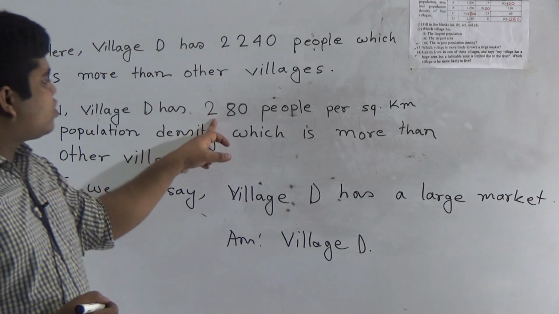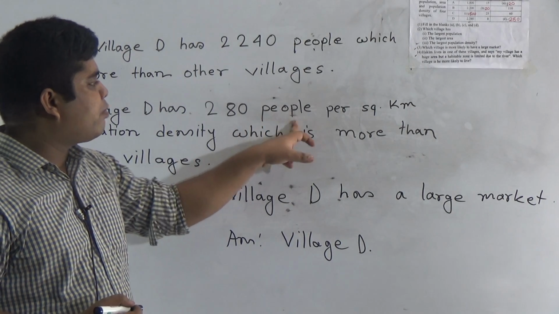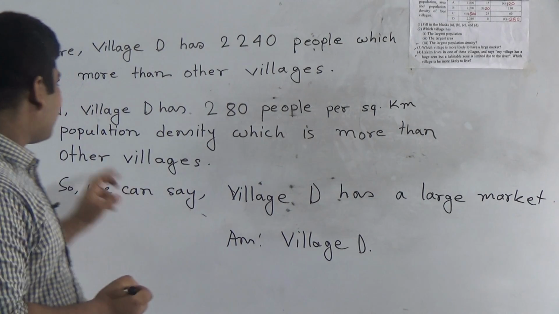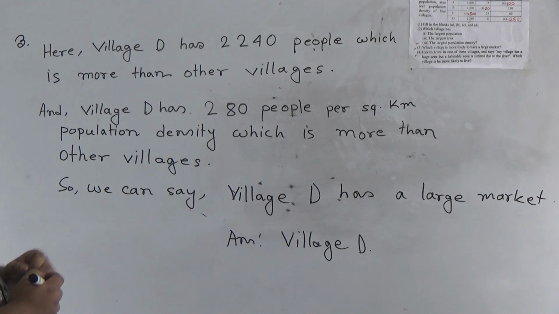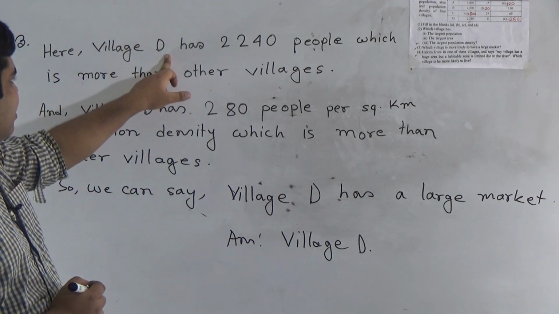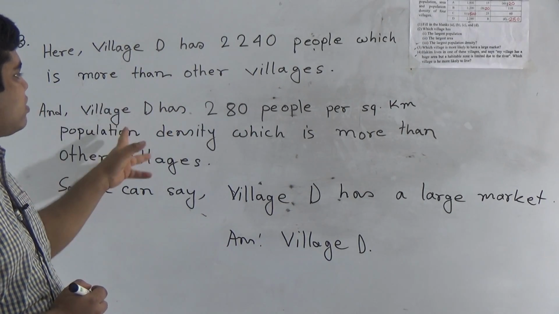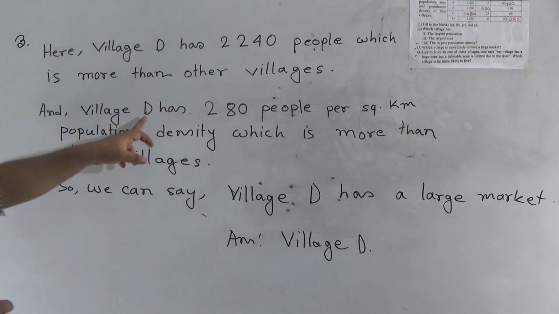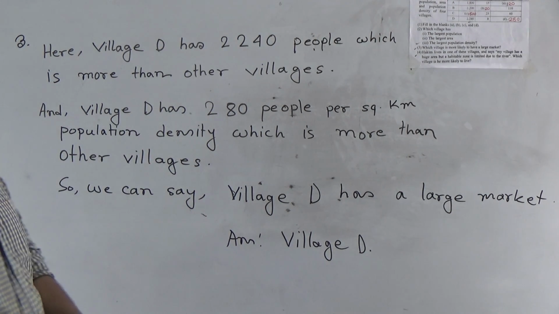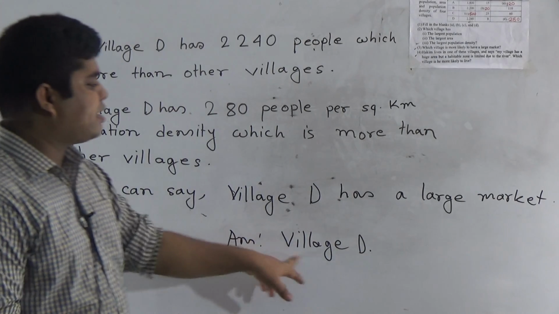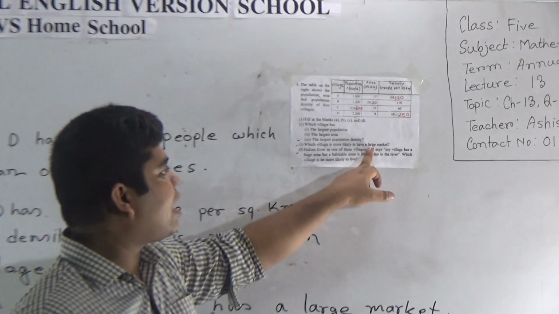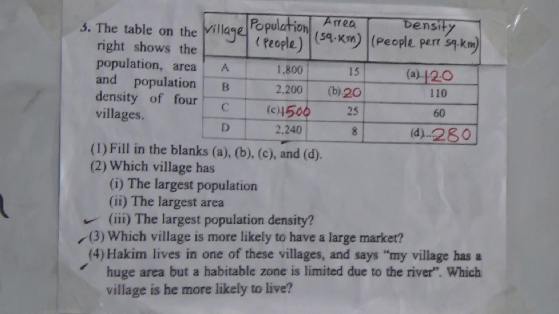Village D has 280 people per square kilometer population density, which is more than other villages. So as village D has more population and also more population density, we can say that village D has a larger market than other villages, and village D is the answer of question 3. Which village is more likely to have a large market? So our question number 3 is done.